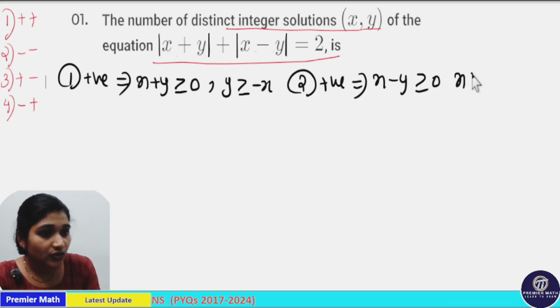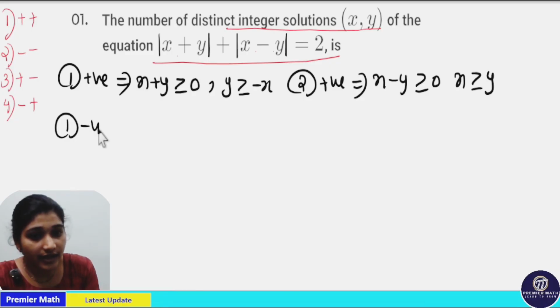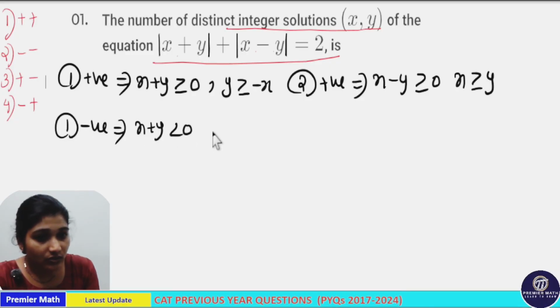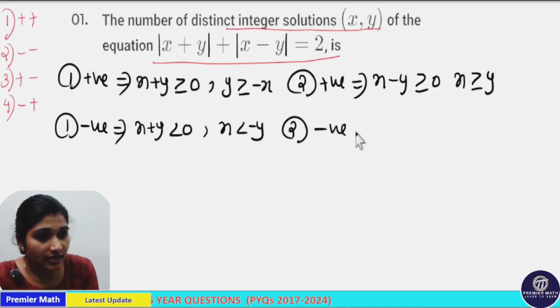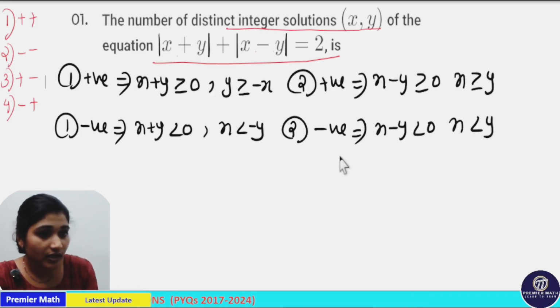Then x should be greater than or equal to y. Now, first one negative means x + y < 0, which means x < -y. And second one is negative means x - y < 0, then x < y.